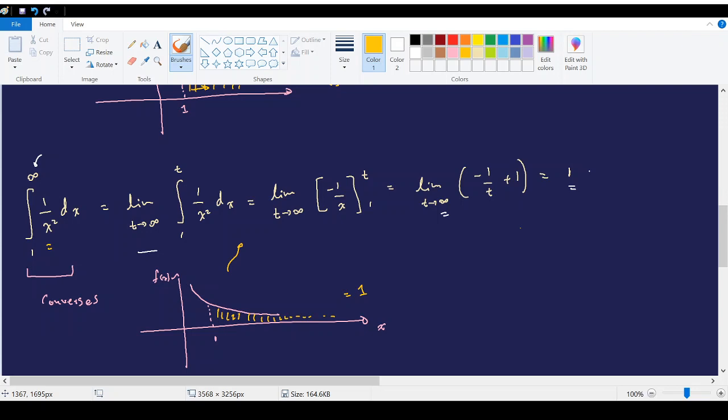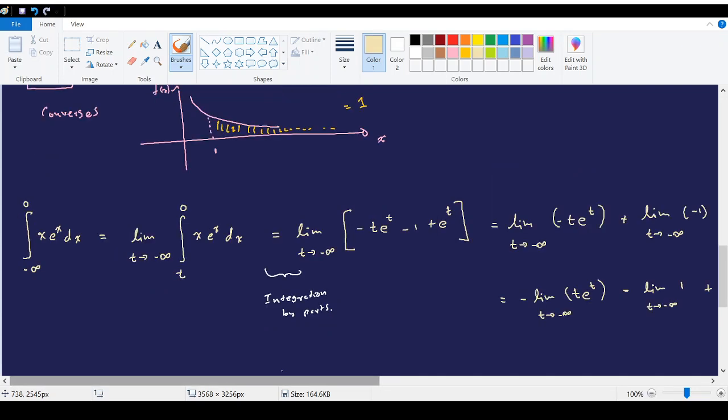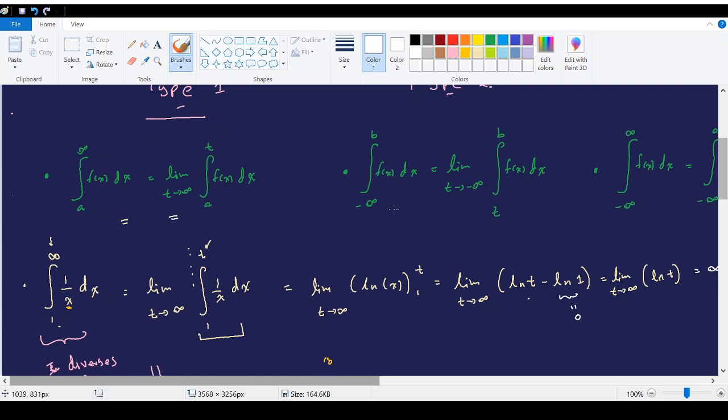Okay, right. Now let's move on to the third problem. In this case you have negative infinity as the lower limit. So again, by considering our definitions, we can label this integral as an improper integral of type 1. And to compute this integral, we use part B of this green color note.